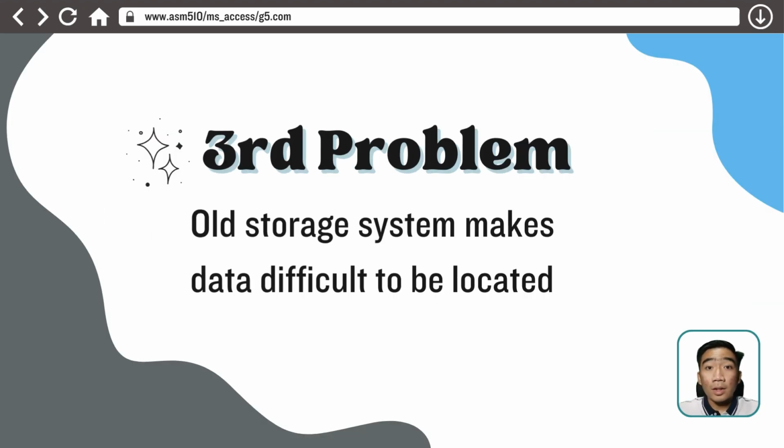The third problem that occurs when handling the database is the old storage system that makes the data difficult to locate. Navigating the old storage infrastructure proved to be cumbersome, making the location of specific data a time-consuming and frustrating process.